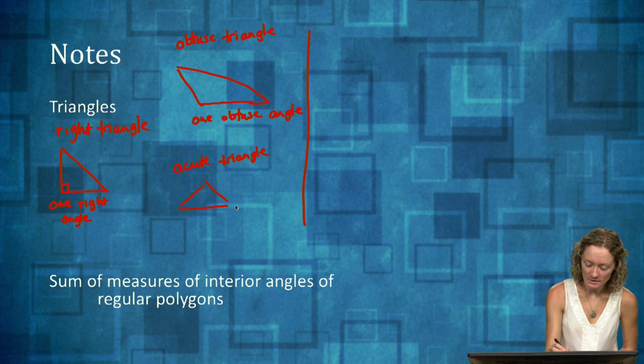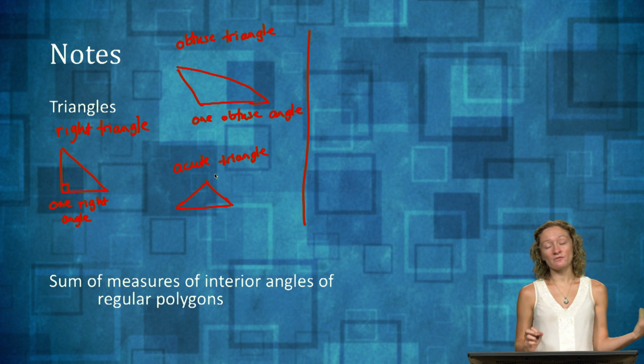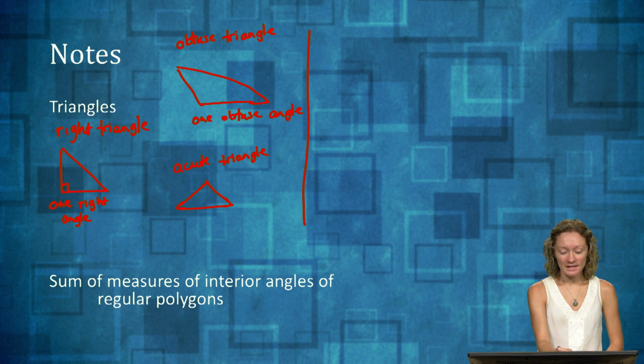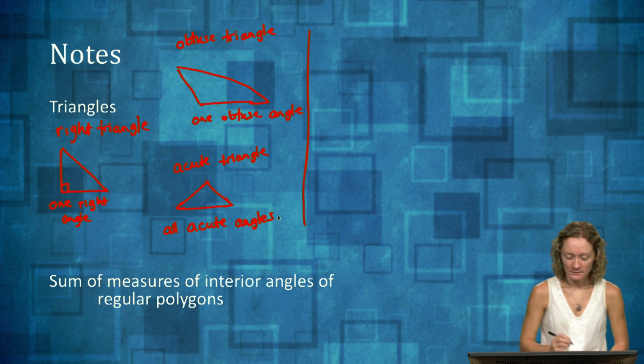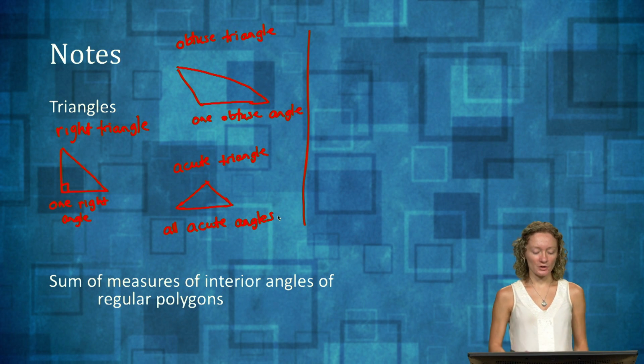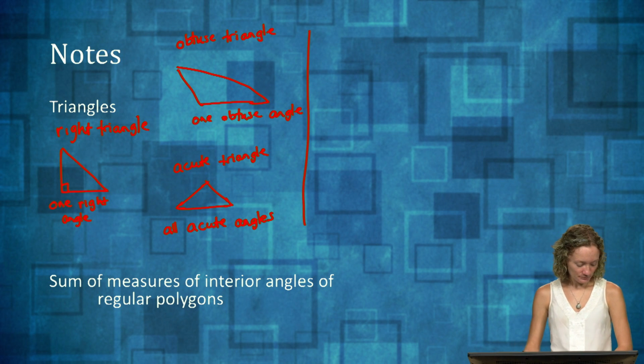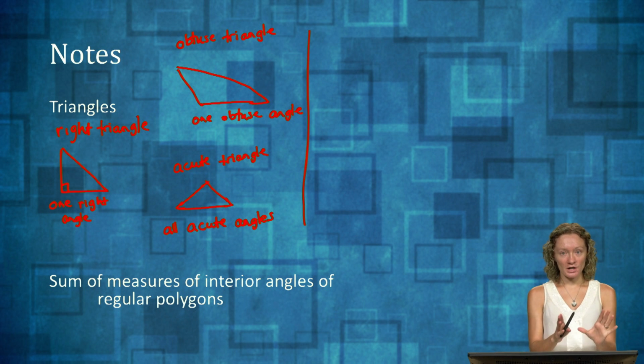Acute, something like this, connecting. Now it's probably tempting to say this one will have one acute angle, but that's not the case because a right triangle also has acute angles, it has two. An obtuse triangle has two acute angles. An acute triangle has all three, all acute angles. If we say just one, technically it could end up being one of the others. All right, so this is if we're classifying the triangle only according to its angles.